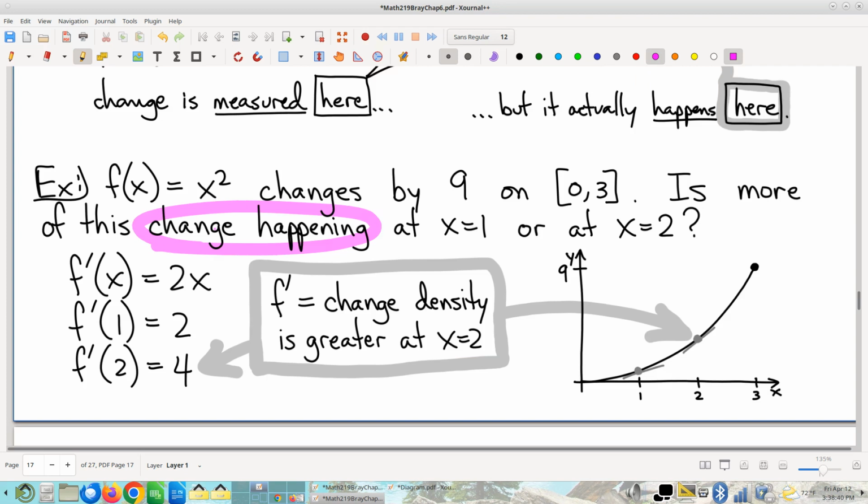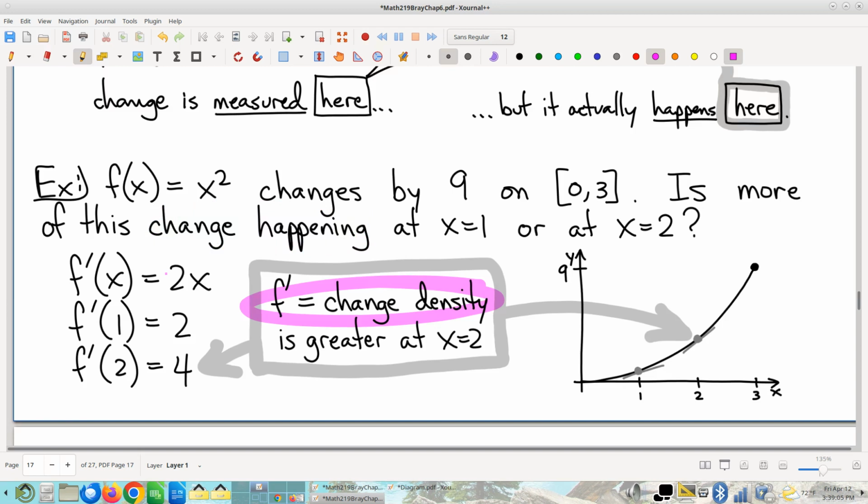You look at the picture, right? You can just see how the function is changing, and you can see it's changing faster over here on the right, it's changing slower over here on the left. Most of the change is happening for these larger values of x. You can see it right in the picture. But algebraically, the way we're going to come at that, you want to know where the change is happening? Change density tells you where the change is happening.